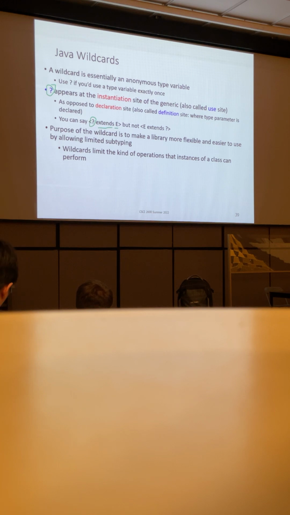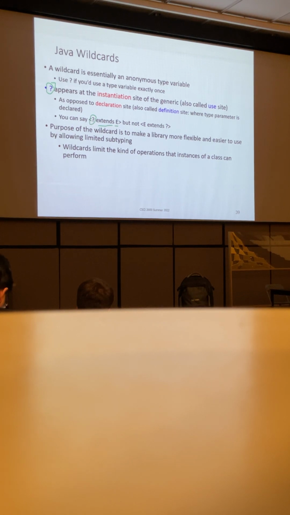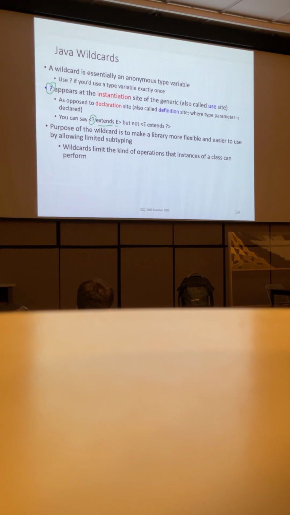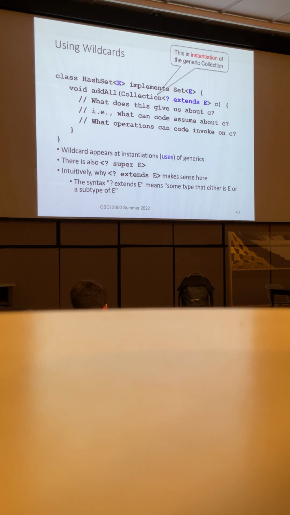And the idea is that this wildcard allows us to solve the problem that we saw earlier with the copy method. We wanted to be flexible, which bounded types were not letting us, but at the same time we wanted to ensure type safety. So here is an example where we want this addAll method to be implemented such that it can take any collection.